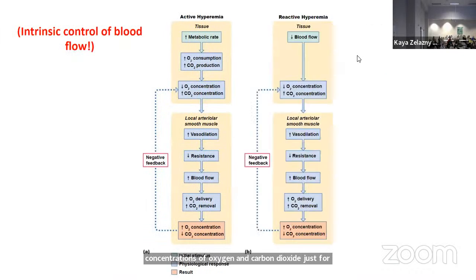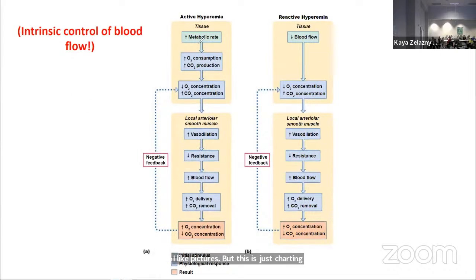Yeah. I got some flow charts, if you prefer flow chart form. I like pictures, but this is just charting through what we've just discussed. So we have changes to either metabolic rate or blood flow overall, depending on whether we're talking about active or reactive hyperemia. It changes the concentration of oxygen and carbon dioxide.